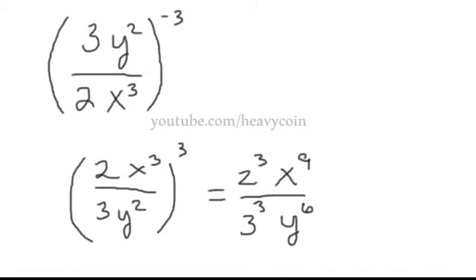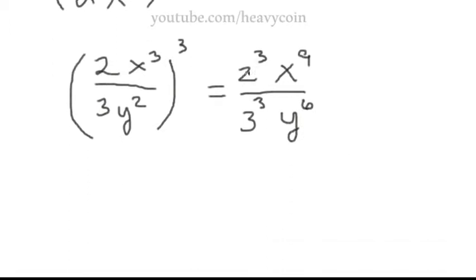And of course, the only thing we can do here now is just go ahead and take 2 raised to the third, which is going to end up being 8 x to the ninth over 3 to the third is 27, and y to the sixth. Okay?